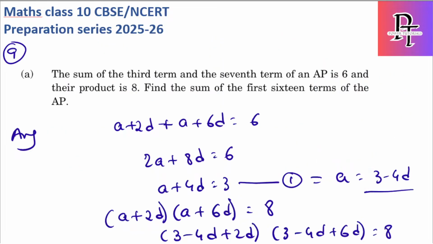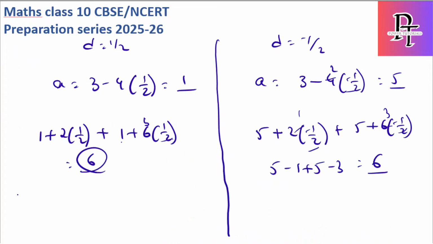Find the sum of the first 16 terms of the AP. So we need to get S16. I will substitute for both cases. S16 is 16 by 2 into 2a plus 15d, where 2a is 2, and 15 into the d value 1 by 2. So 2 eights are 16.